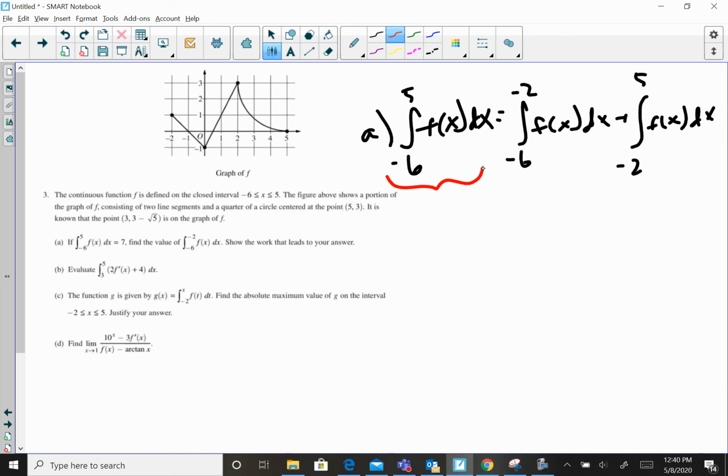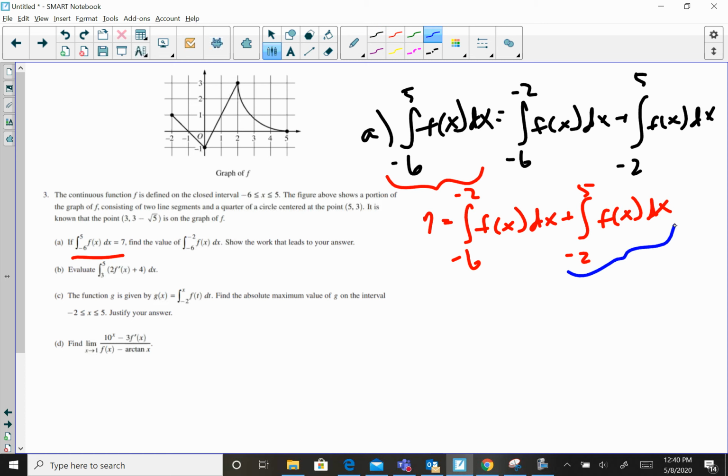So I know that this portion is 7. So I have 7 equals, that was given to me here, the integral from -6 to -2 of f(x) dx plus the integral from -2 to 5 of f(x) dx. Now this portion from -2 to 5, I can find.